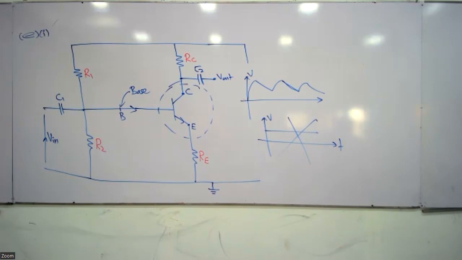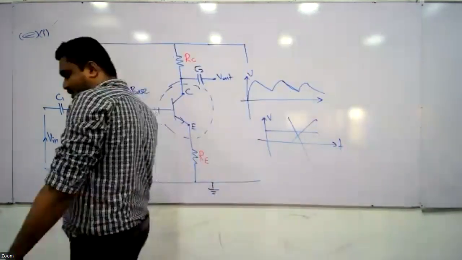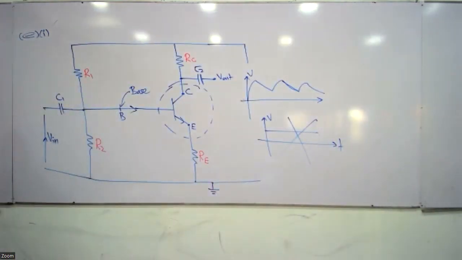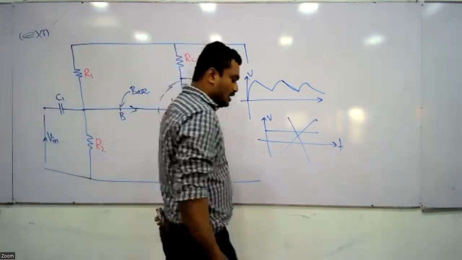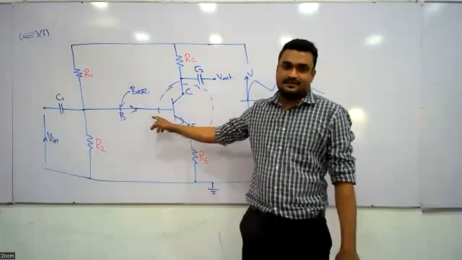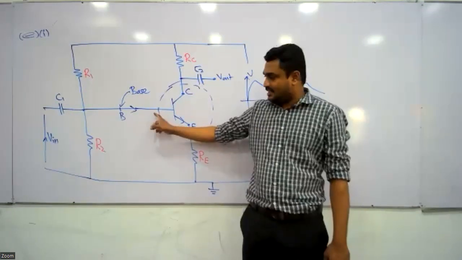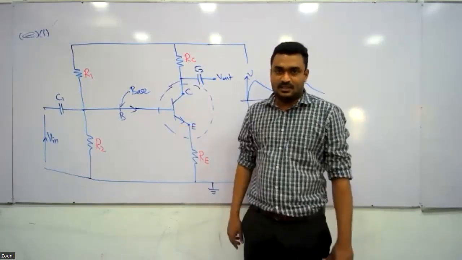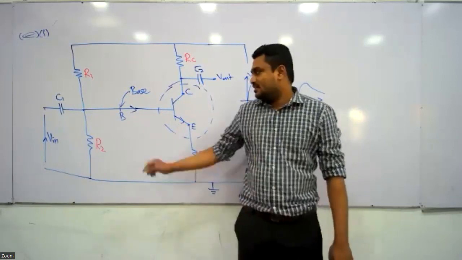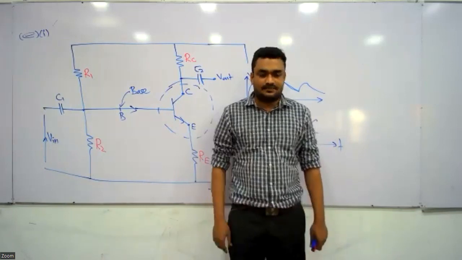Full stop. Those ripple voltages are given to the base terminal of the transistor.